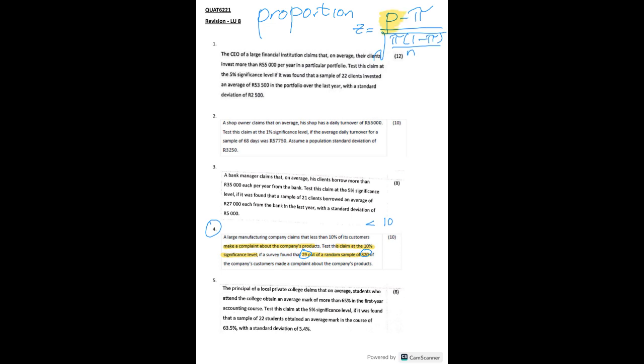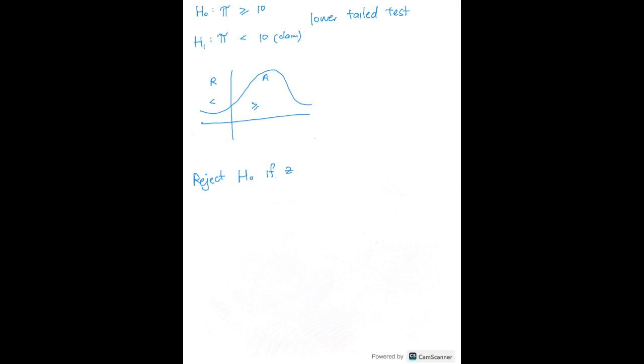P is calculated as 29 out of the 320. So this as a decimal, and you can leave it as two decimal places here. This is 0.09. You'll always leave it as two decimal places. So that's your value of P.